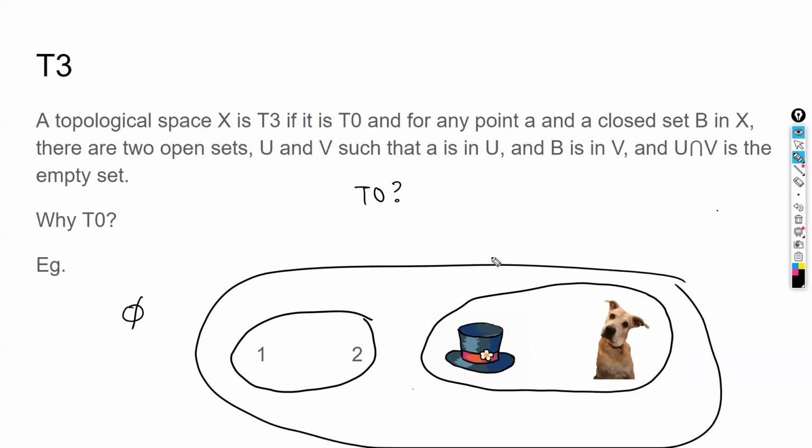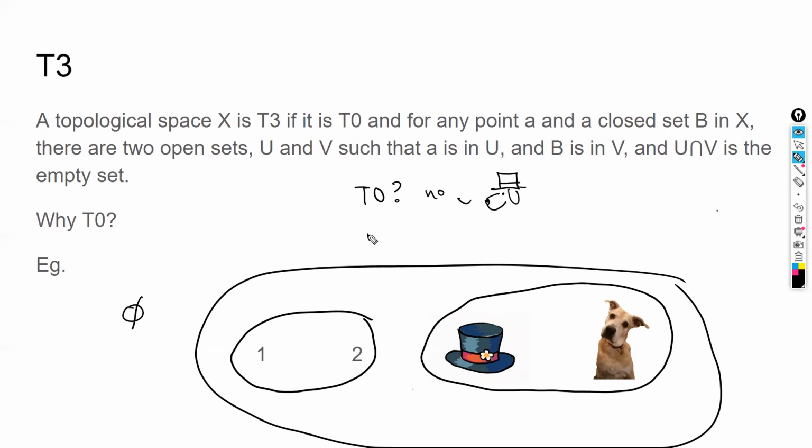Well, if it's T0, then I have to be able to separate any 2 points, right? So let's take a look at dog and hat. I can't separate those 2 points. Dog and hat are inseparable, right? There's no open set that contains 1, but not the other. So I can't separate this dog from this hat. So the answer is no. The set is not T0.